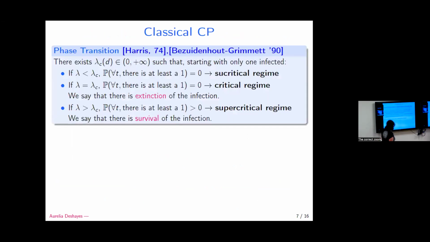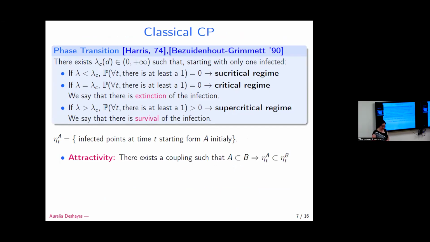Okay, so forget about that. It's just the phase transition of the contact process, too many lines here. I want to go back to two very important properties. The first is attractivity, which means that there exists a coupling such that, here for the contact process, that is only 0 and 1, if B has more 1s than A, then it will be the same for all time.